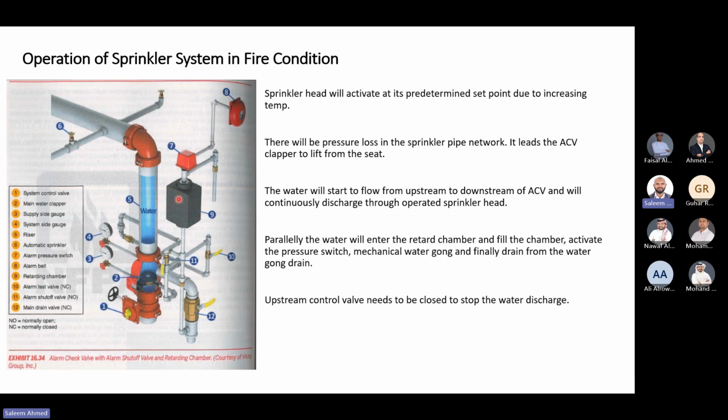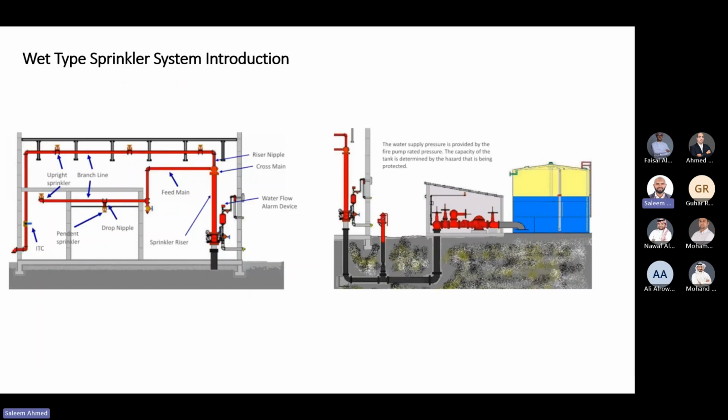One can ask why we need to delay. For example, whenever the pump kicks in, you will have some surges in the water line. If the surge is more, the clapper will flip here.